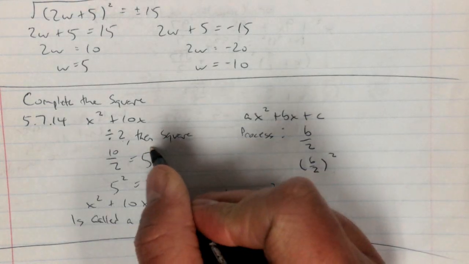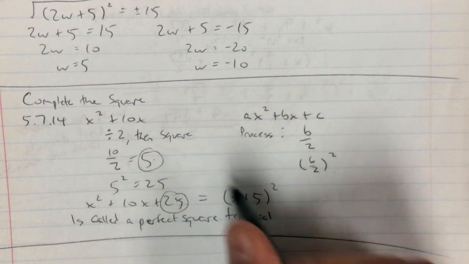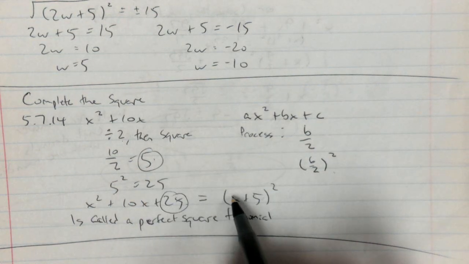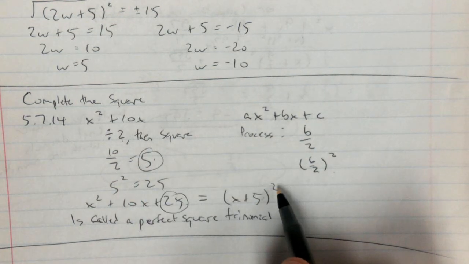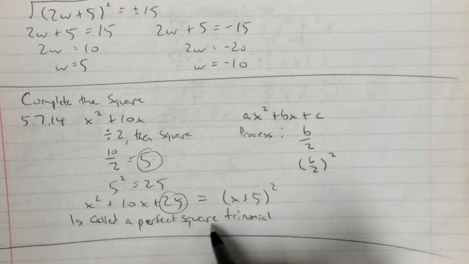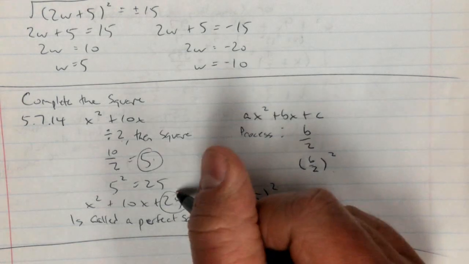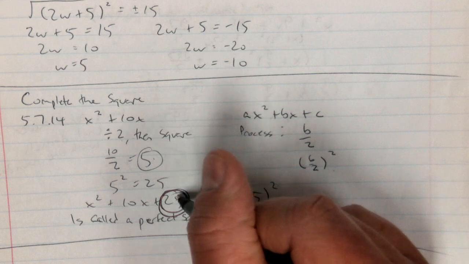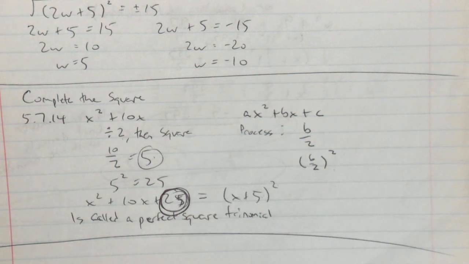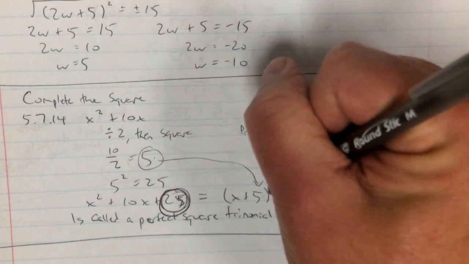So when you did your 10 divided by 2, you got 5, so that's what you put here, x plus 5 squared. Again, this is called a perfect square trinomial, but your only answer is this 25. And you would just use this 5 to do this.